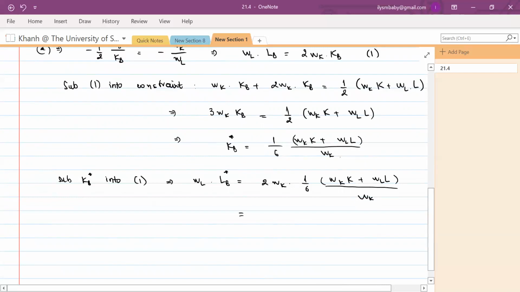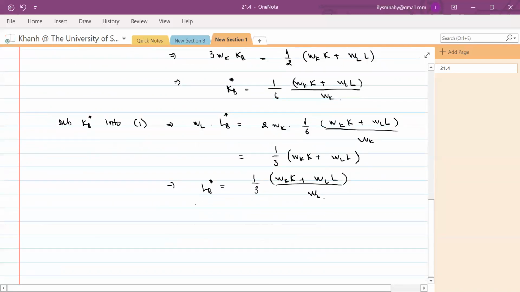So I would say this is L star, which is the optimal amount of labor. Okay, so WK and WK will cancel out. 2 times 1/6 is going to be 1/3. And so therefore from here, I should be able to find that LB star is equal to 1/3 of WK times K, WL times L, everything divided by WL. Okay, so this is the optimal amount of labor that firm B would like to use in order to maximize the firm's output.